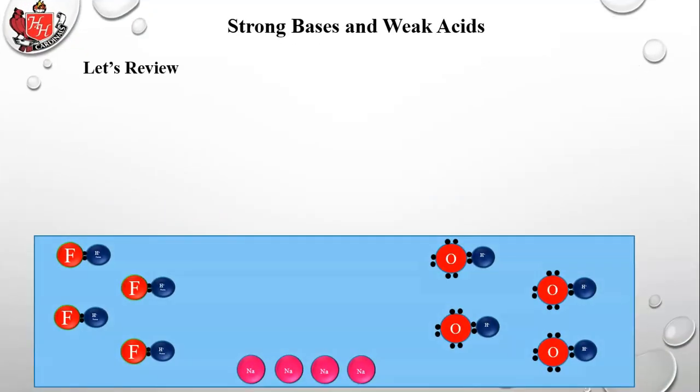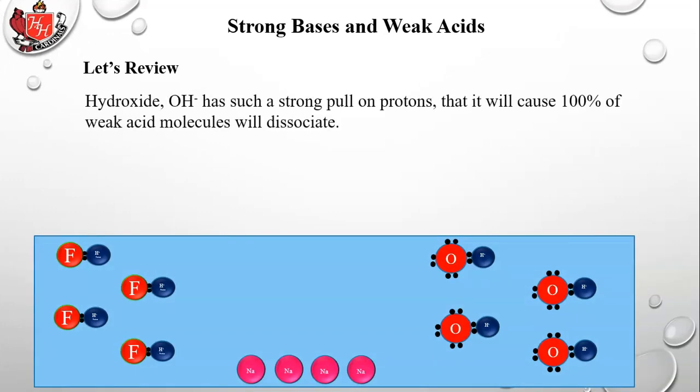So let's review. This is something we did in previous lessons. Hydroxide ions, such as OH-, have such a strong pull on protons that they will cause 100% of weak acid molecules to dissociate. So there you have hydrofluoric acid on the left. It's a weak acid. So in water, only a small number of those protons will dissociate to a water molecule.